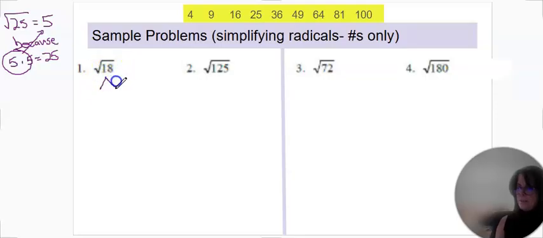What two numbers multiply to give you 18? There's a few choices, and honestly, it doesn't matter which ones you pick as long as they multiply to give you 18. How about 9 times 2? You'll see in class you could have used 6 times 3, and this comes out the same.